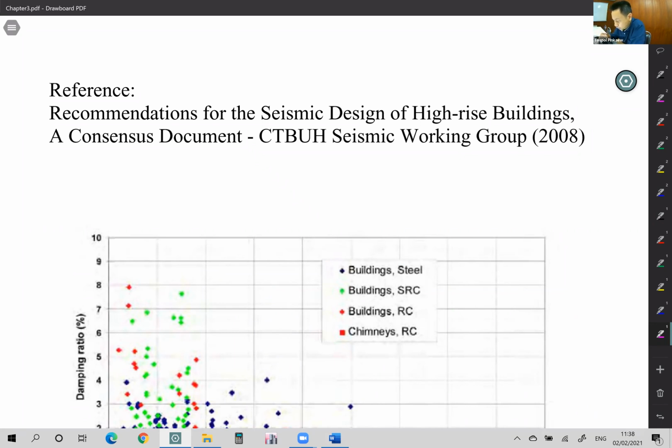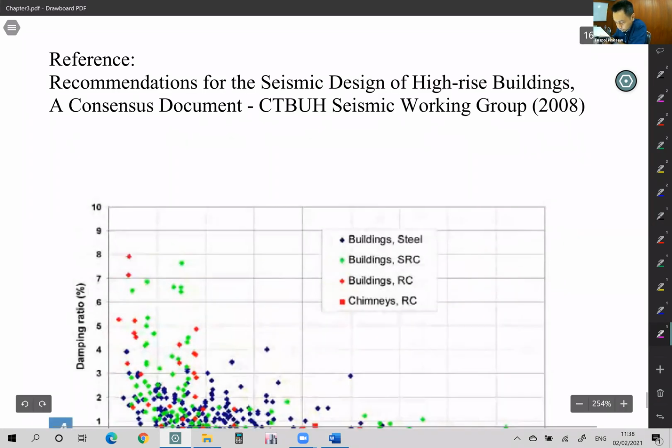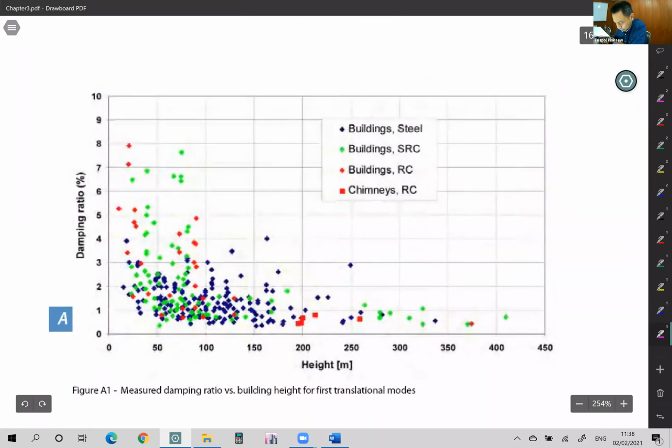In many countries in Europe, they measure the damping ratio of their buildings and plot the real damping against the height of the building.